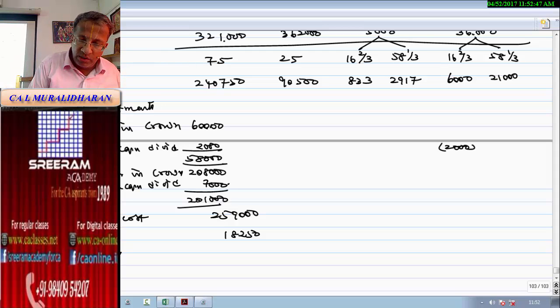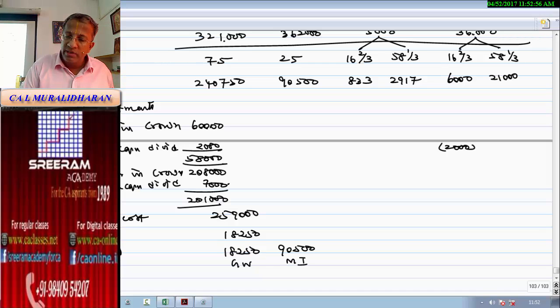So carry forward 18,250 goodwill, 90,500 minority interest, 833 and 4,000.